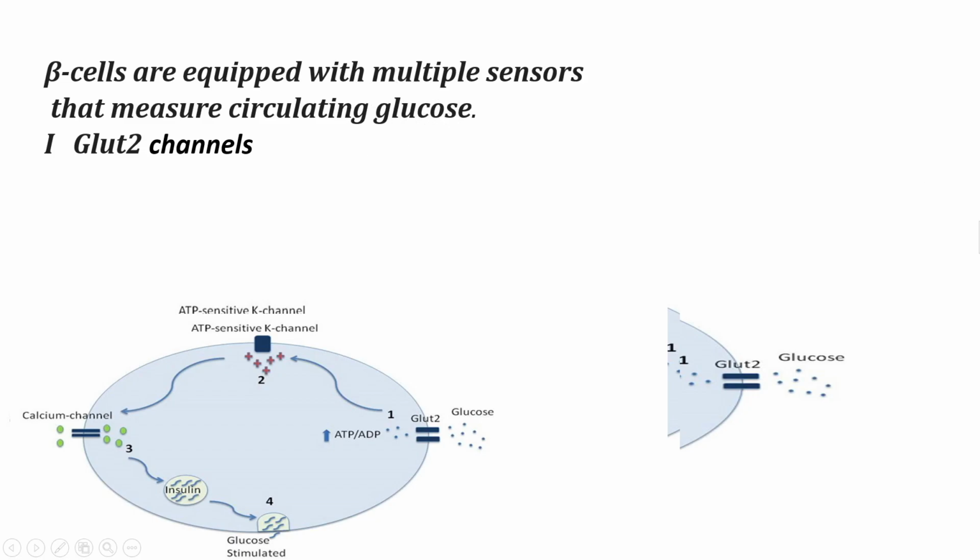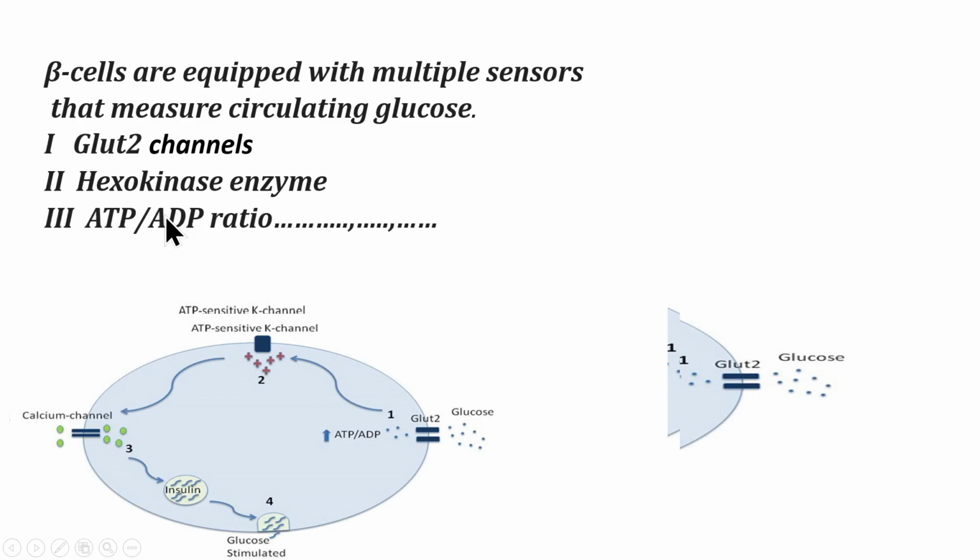These include GLUT2 channels. In addition, the enzyme glucokinase also functions as a glucose sensor, and the ATP-ADP ratio, which regulates these ATP-gated potassium channels, can also monitor the blood glucose concentration present in the extracellular fluid.